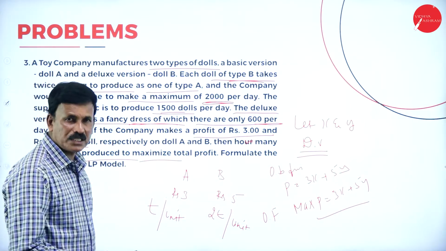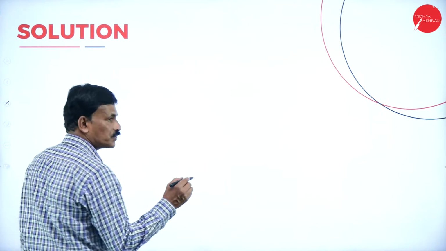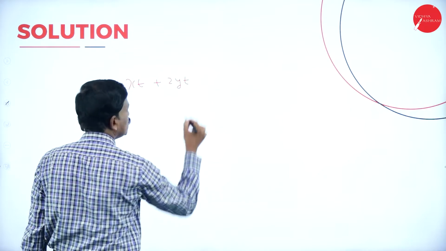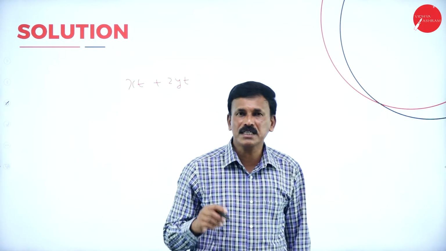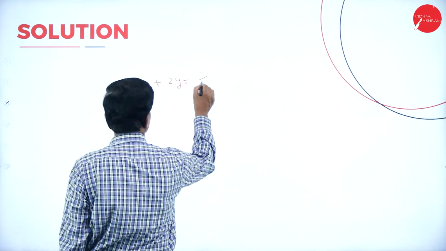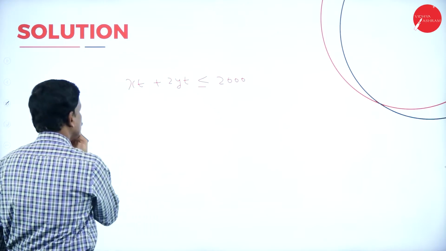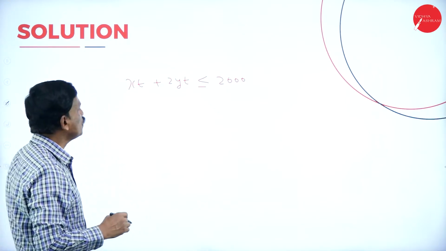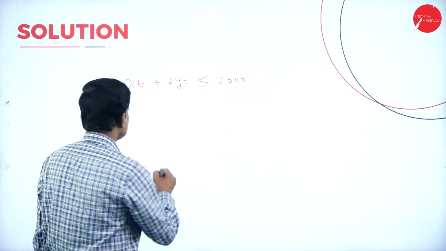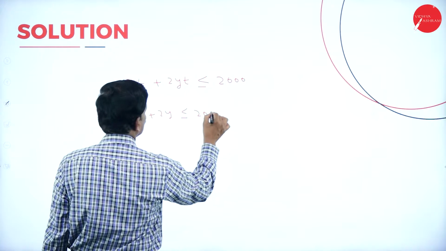This can be put in mathematical form, subject to the constraints x into T plus 2y into T. Since the maximum availability of the time is 2000, this can be written as less than or equal to 2000. So x into T plus 2yT is less than or equal to 2000. Therefore x plus 2y is less than or equal to 2000.